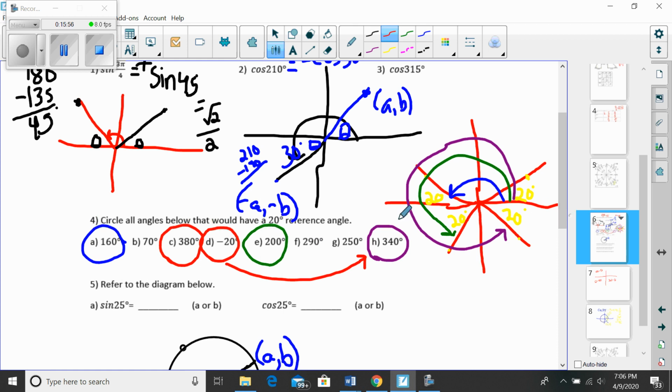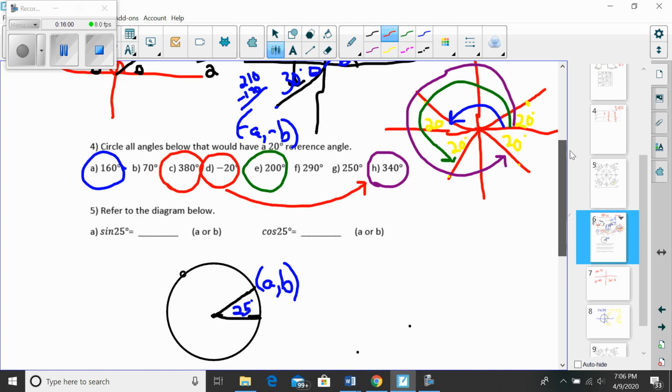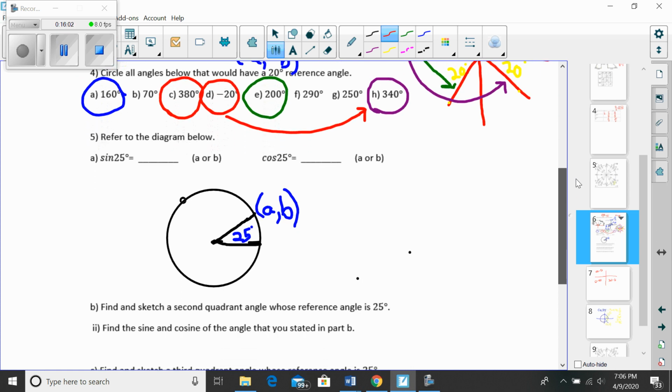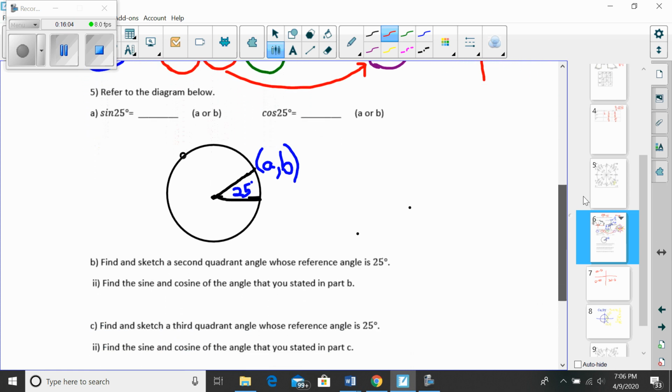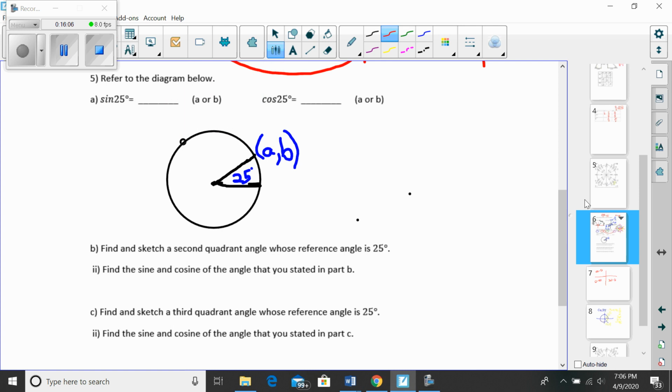So anyway, I'm going to put something like this on the quiz, and I am also going to put something like this on the quiz to make sure you understand reference angles. So refer to the diagram below. So sine of 25. So if this is 25, this is not drawn to scale.